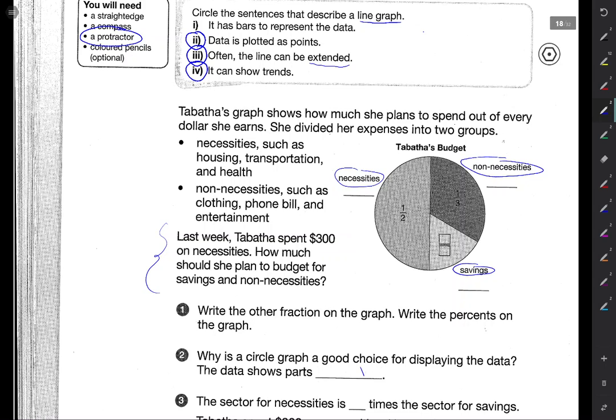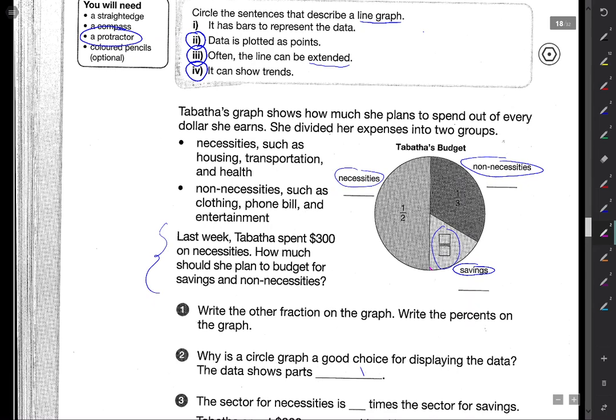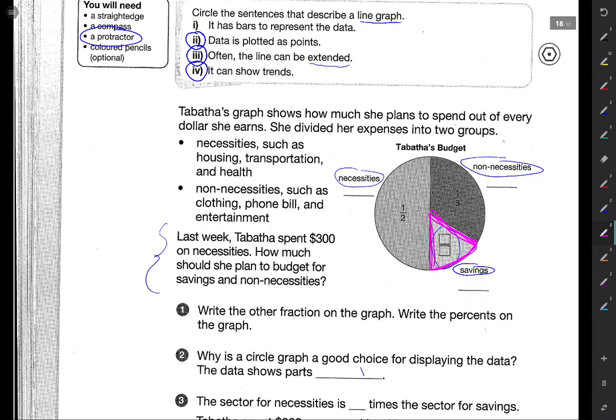So to begin, let's start by writing the other fraction on the graph. Write the percents on the graph as well. So the other fraction they're talking about is this savings one over here. So we need to decide what fraction of the whole circle this little chunk here is. Well, in order to do that, let's think back to elementary math when we were just learning fractions, and we would often use those little cardboard cutouts of a pizza to help us learn fractions and part of a whole.